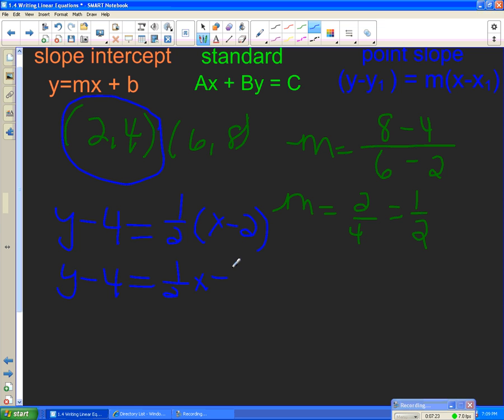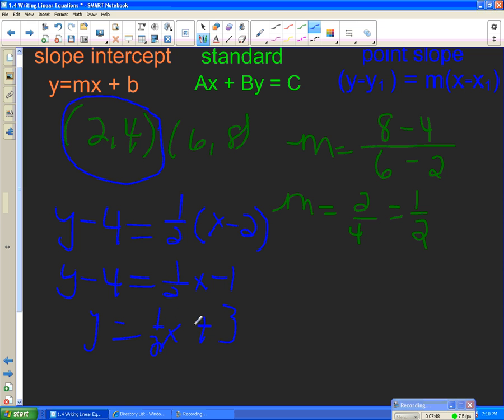And then I'd add 4 to both sides. So y would equal 1/2 x plus 3. So that would be my equation. So if I have 2 points, I could find my slope, and then I could use point slope. It wouldn't matter which point I use, but I could just use the first one, simply because it's first. Plug it into my formula, and I'll get y equals 1/2 x plus 3.